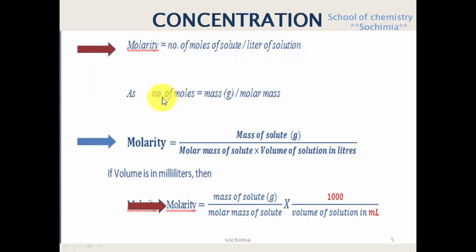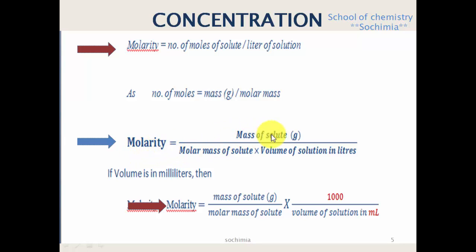As we know, the number of moles of any species can be calculated. If we have mass in grams, we can divide that by the molar mass of that very substance and we get the number of moles. So if we put this expression into the above one, we can come up with a more refined version of the molarity calculation.